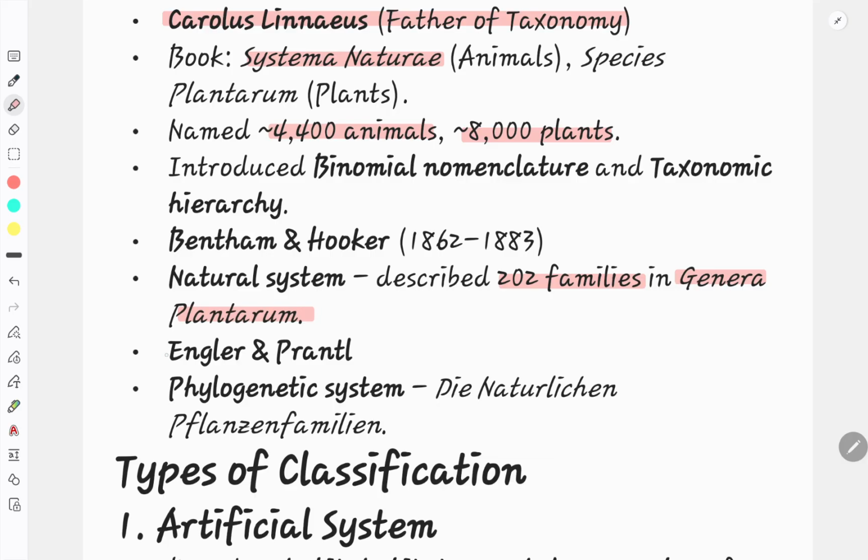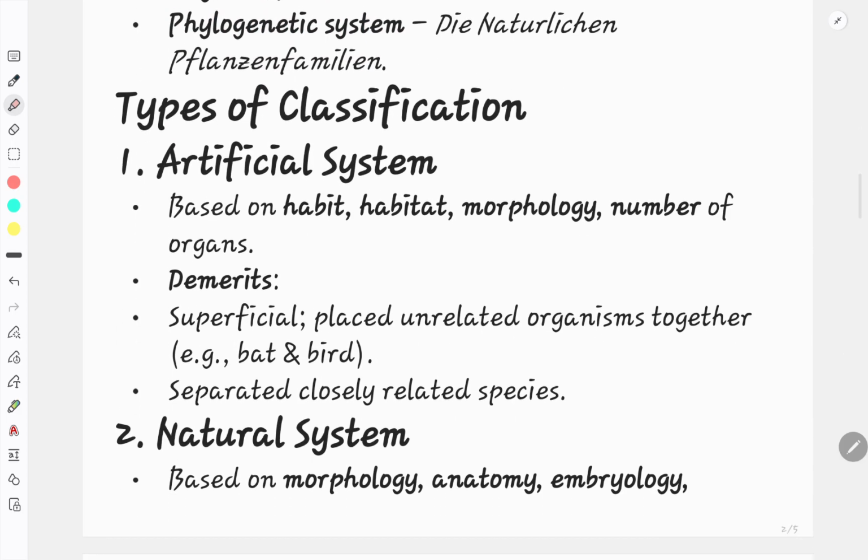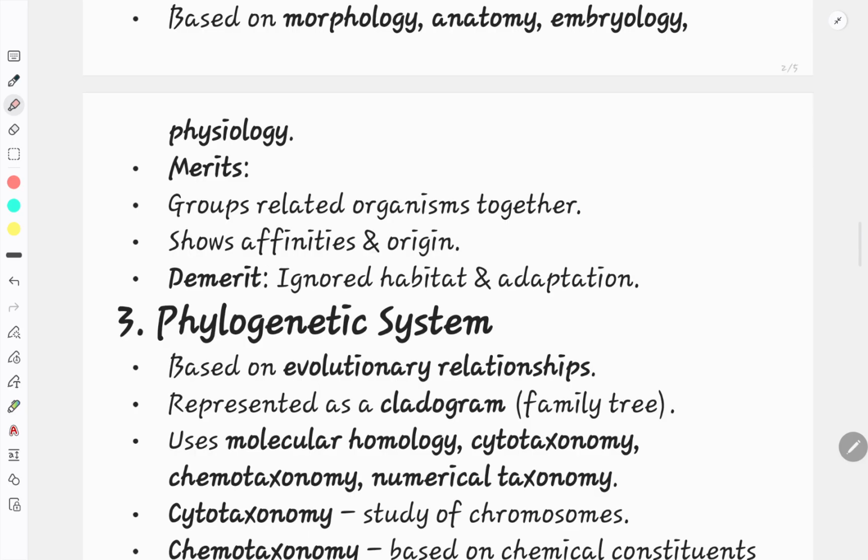Then Engler and Prantl came. They introduced the phylogenetic system of classification. This term is very new in the field of classification. We will learn about this in this video. The types of classification are artificial, natural, and the third one, phylogenetic classification.